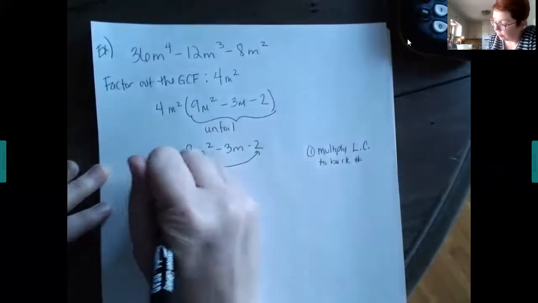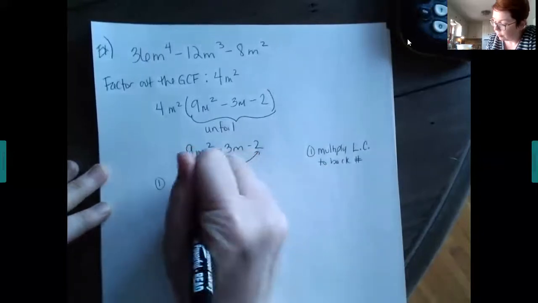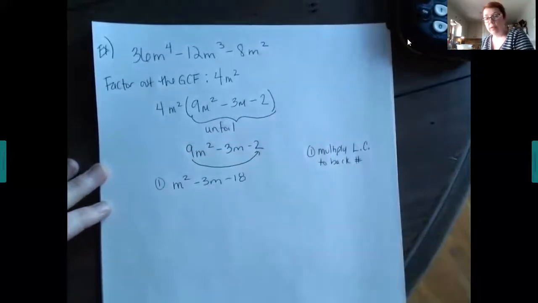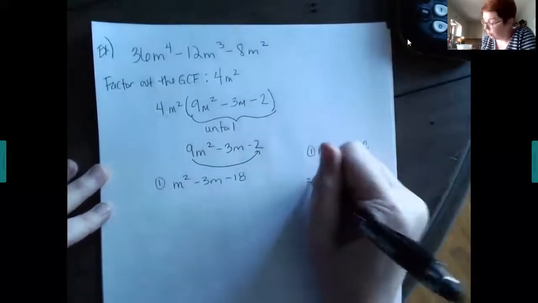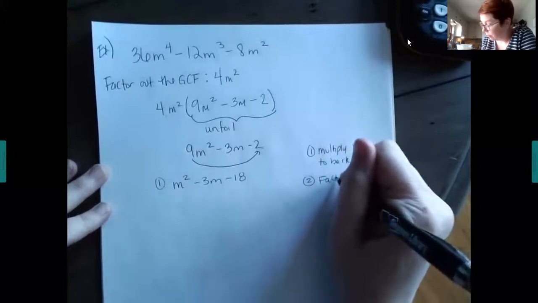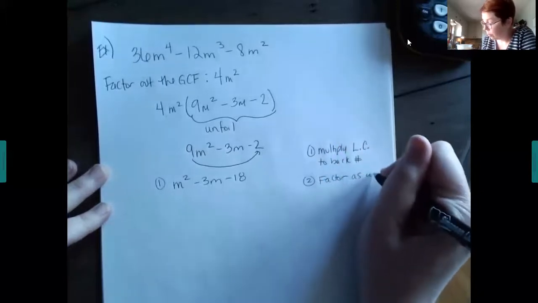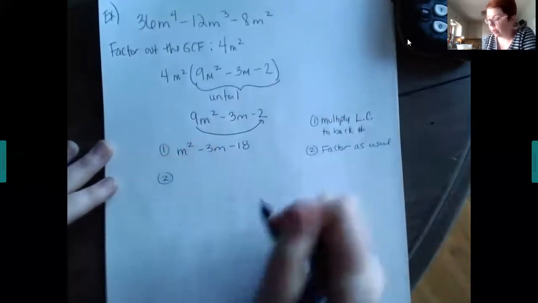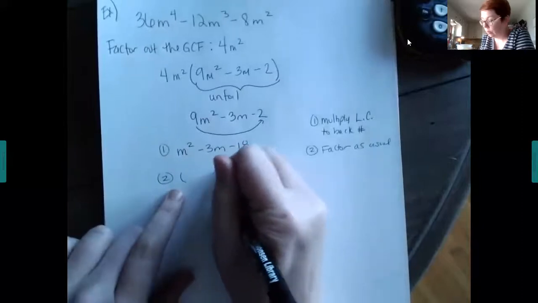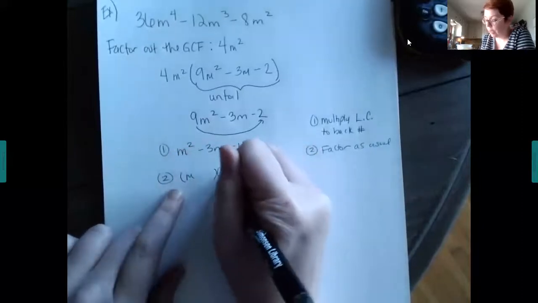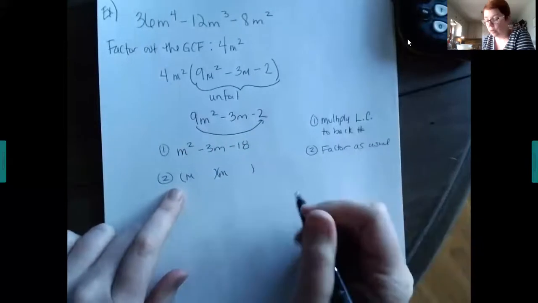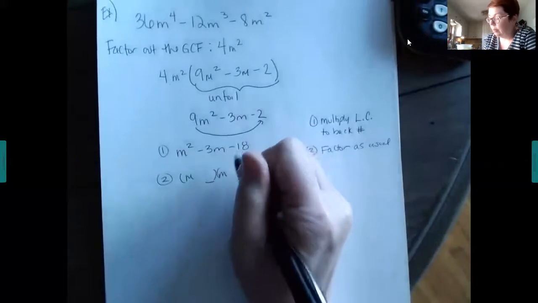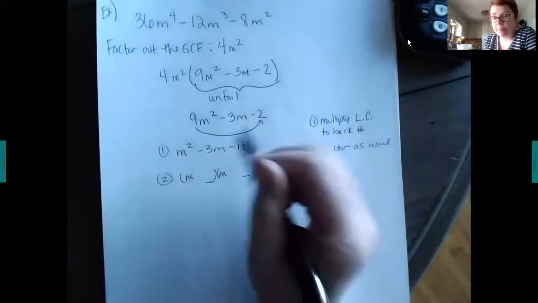So we did that. Okay. Then we're going to factor as usual, or unfoil, if that makes more sense. Okay, so m times m gets us m squared. And what times what multiplies to get 18, but will combine to get us 3.